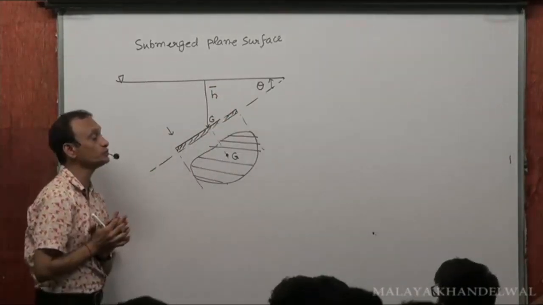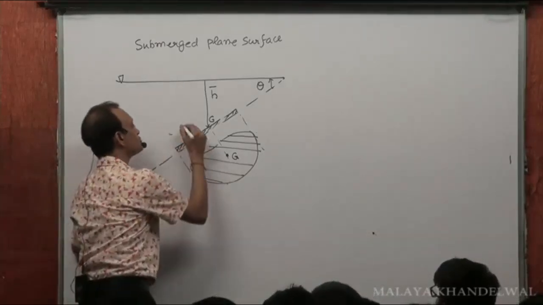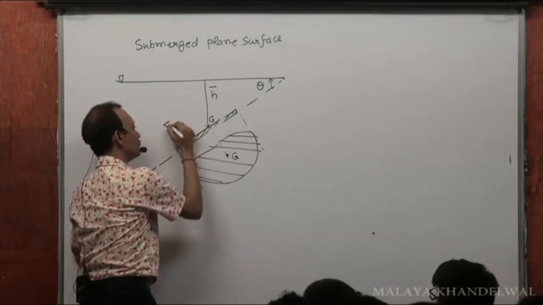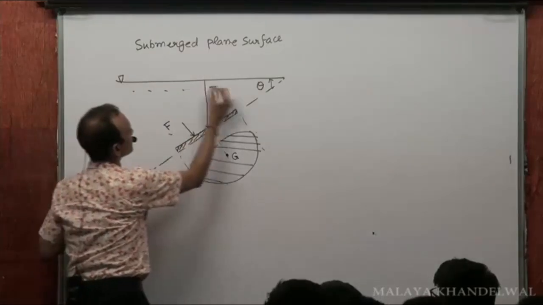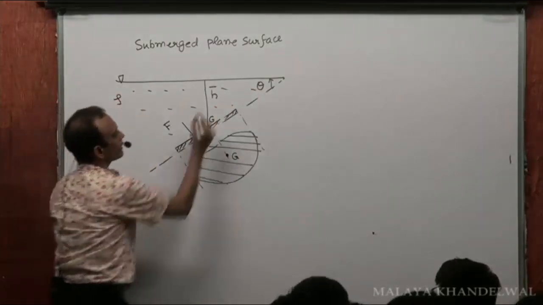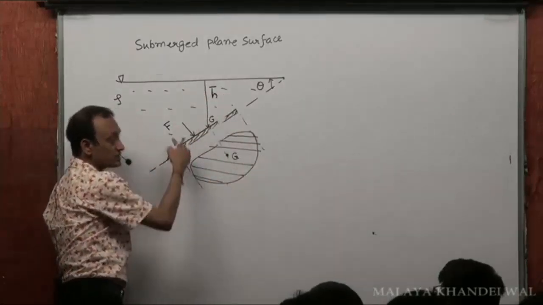Once again, let me tell you, even when it is inclined, the total force F, because this is a liquid of density rho, will still be normal to the surface.